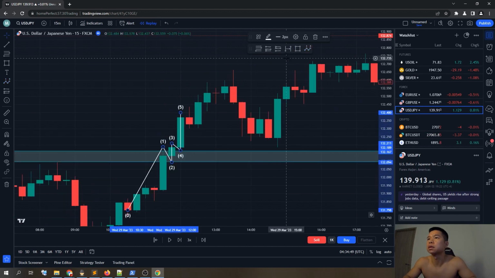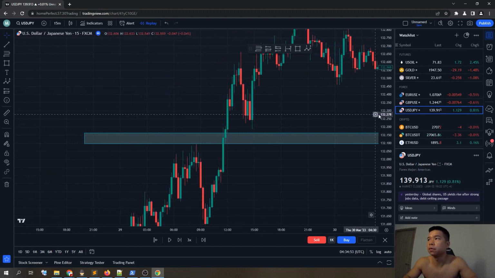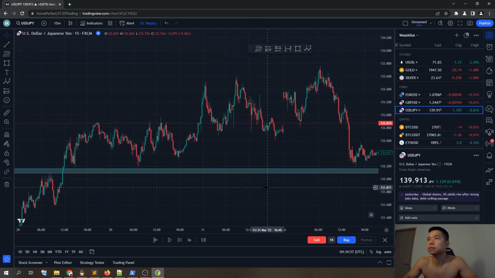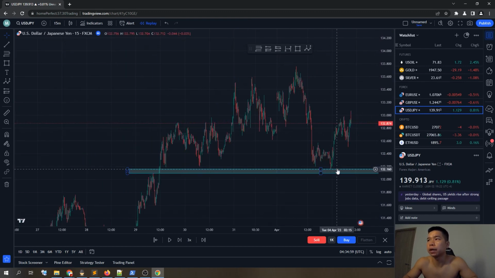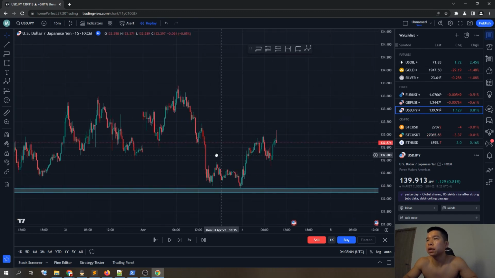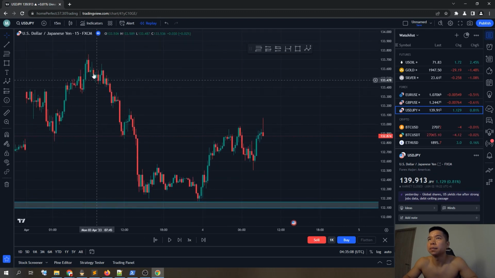The gap has been filled, which is okay, for price to trace back, but in the 15-minute chart we can see that the main trend is still a downtrend.